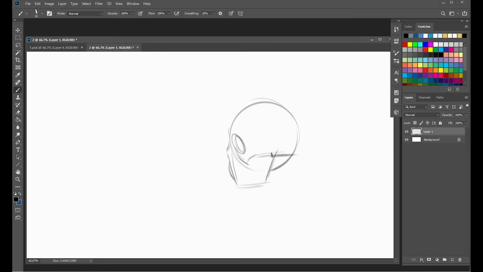Let's see how the skull, how the jaws are under the face, or rather to say how the lips cover the teeth.